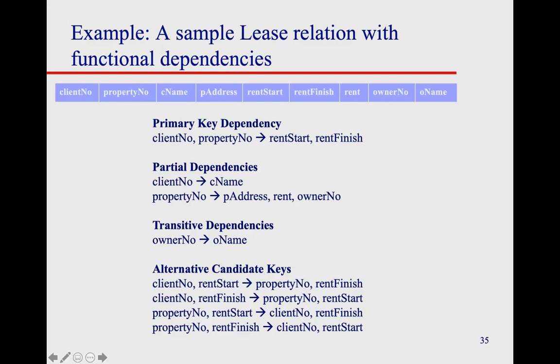The right-hand side attributes are going to move out of the lease relation. The left-hand side attributes are going to remain in the original lease relation, and they're also going to move to the new relations, thus forming foreign keys.